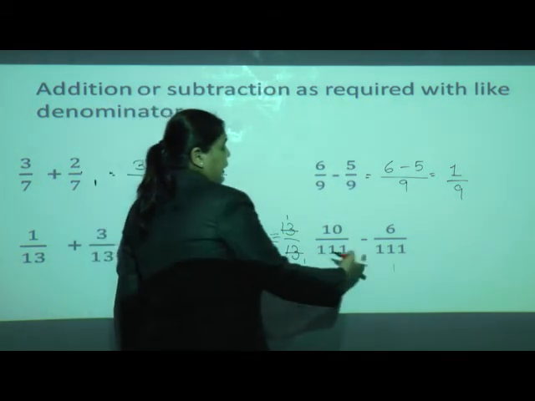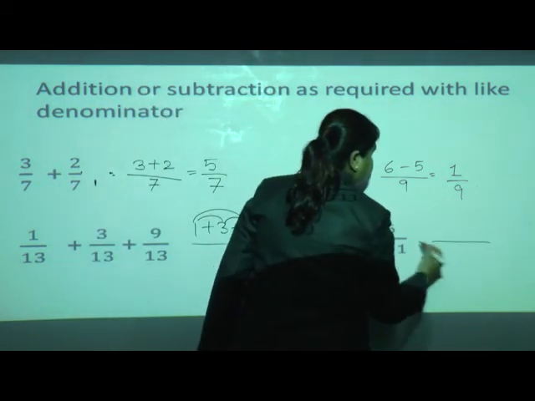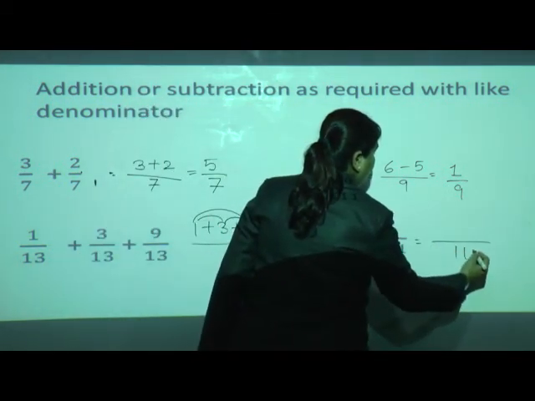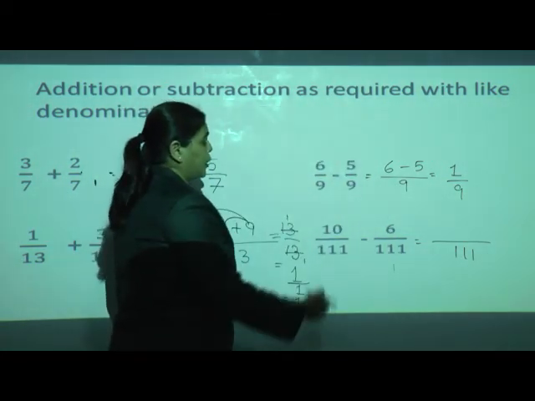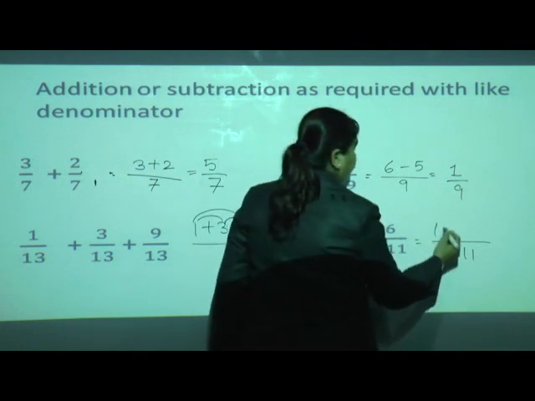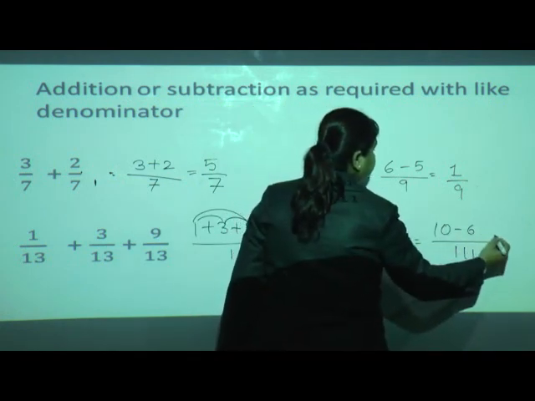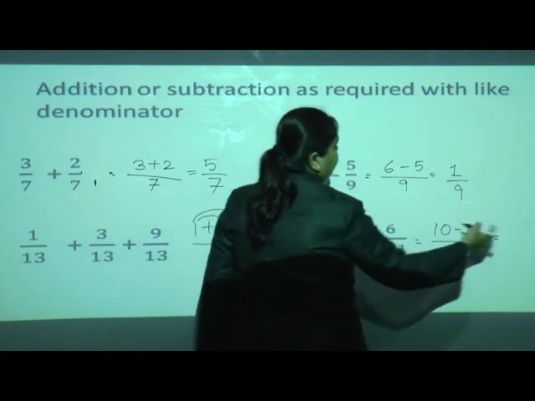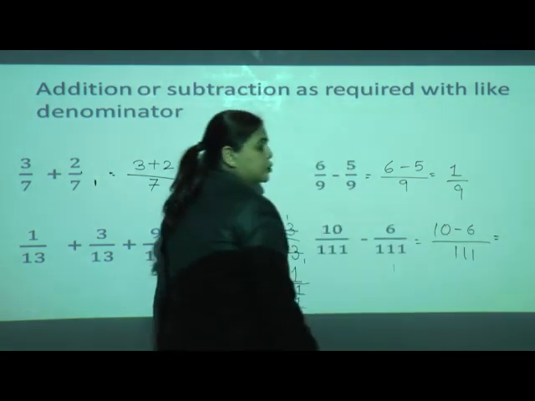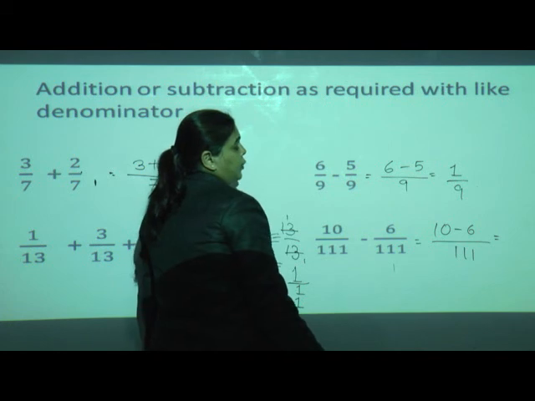Here again the denominators are the same, that is 111. So we write it as the common denominator. Here we have 10 minus 6. If you get higher numbers here, you can go practically with subtraction or addition and find out.